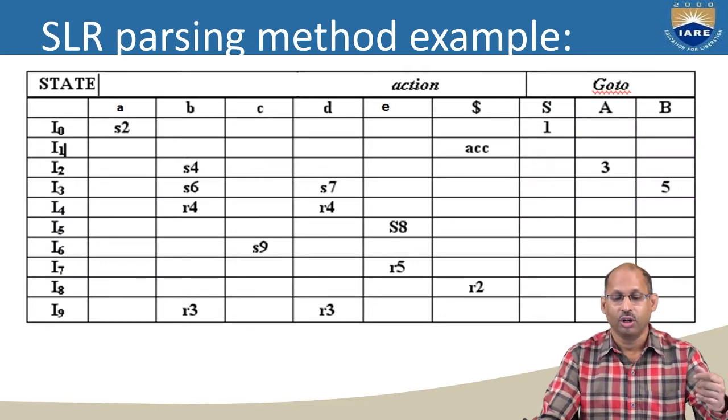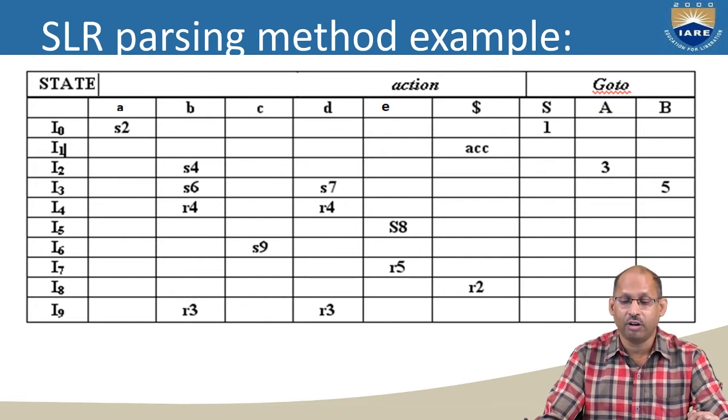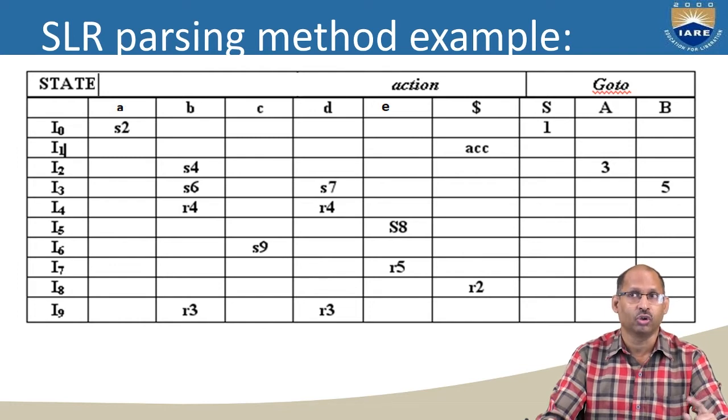The action part has terminal symbols as the column headers, and the go-to part has non-terminals as the column headers. Action means terminal symbols, go-to means non-terminals. Is it clear?